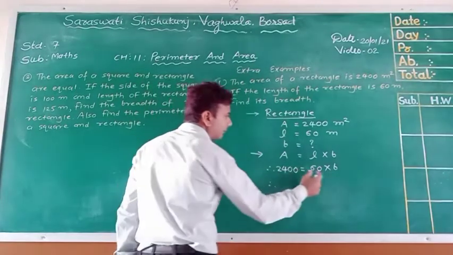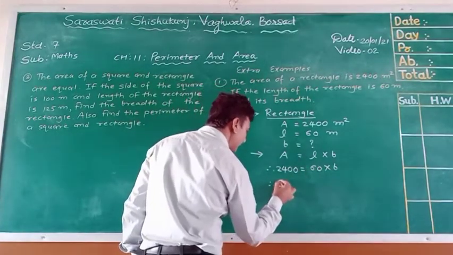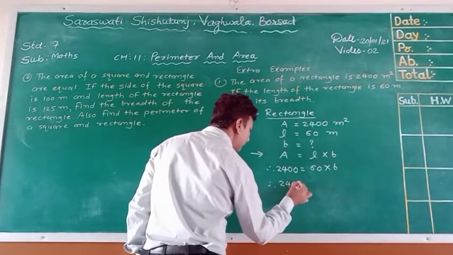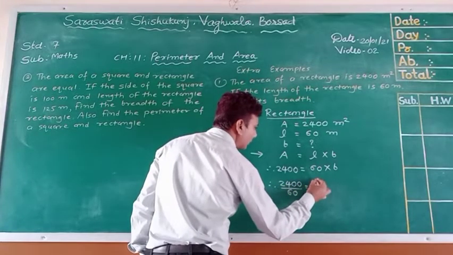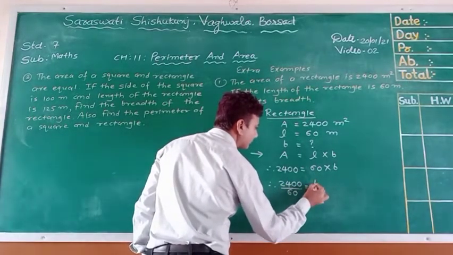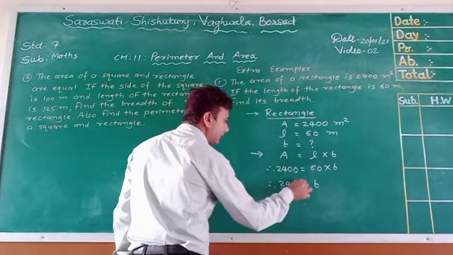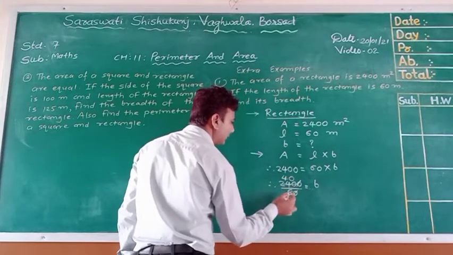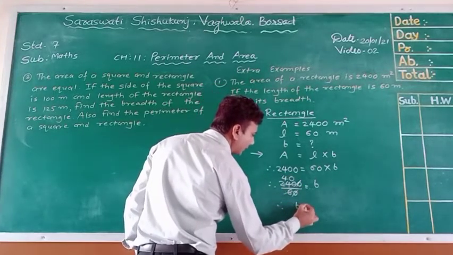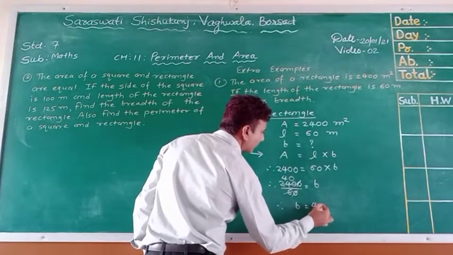So here multiplication 60 is going down. 2400 upon 60 equals breadth. Clear? 6 4s are 24 and this 0. So breadth equals 40 meter.